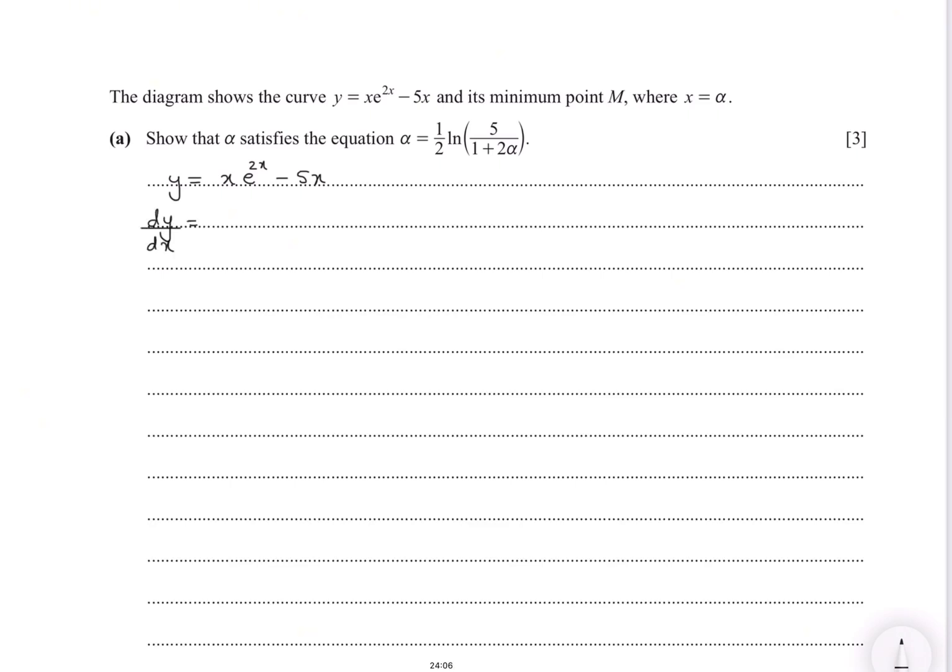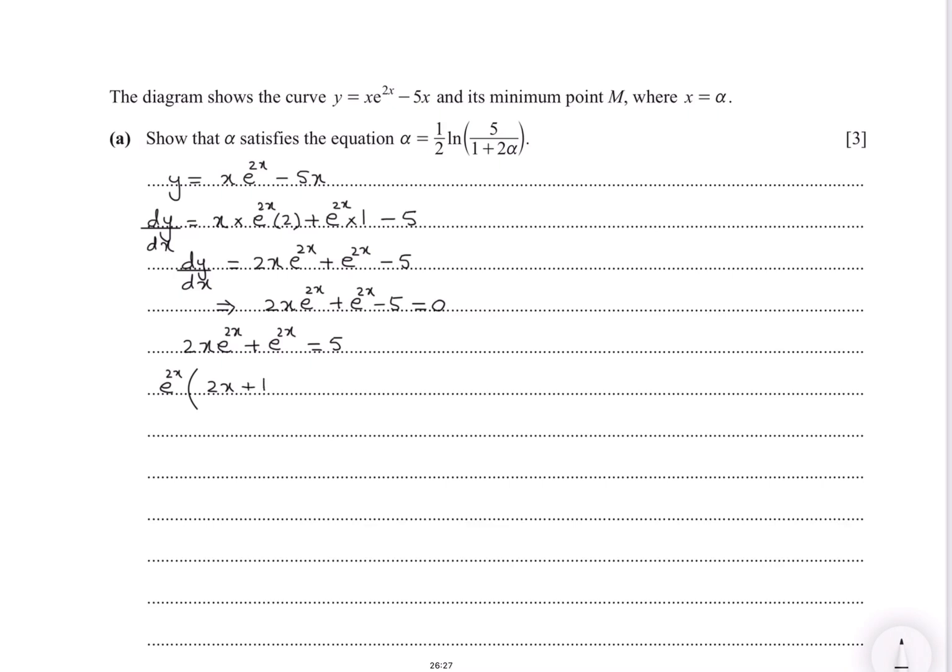So now differentiate it. The first part is the product rule. So dy by dx becomes... now take e power 2x as common.